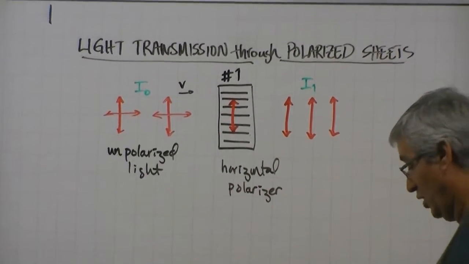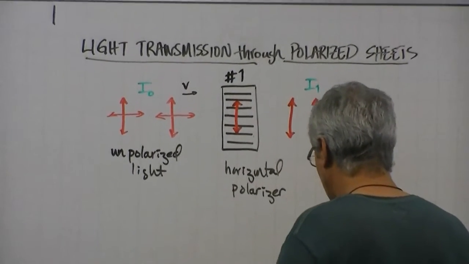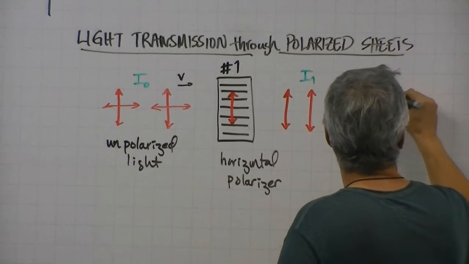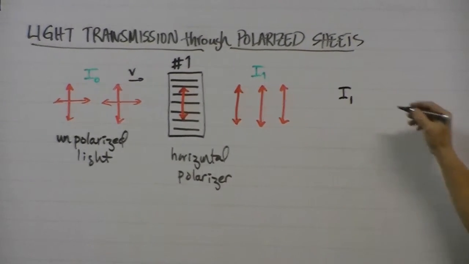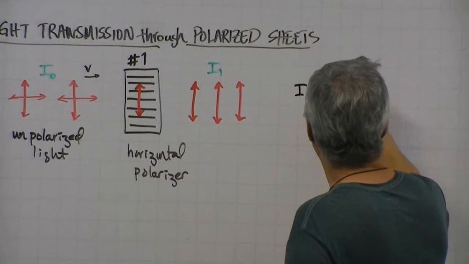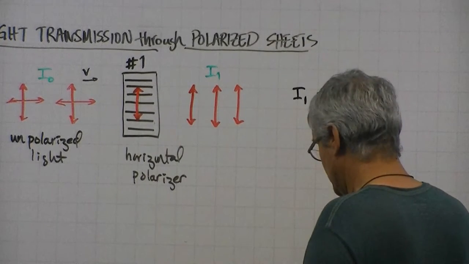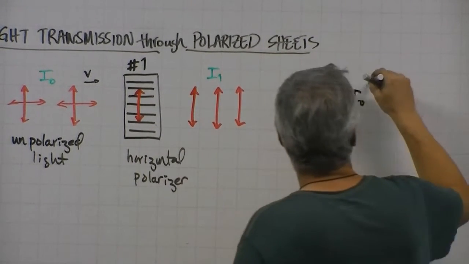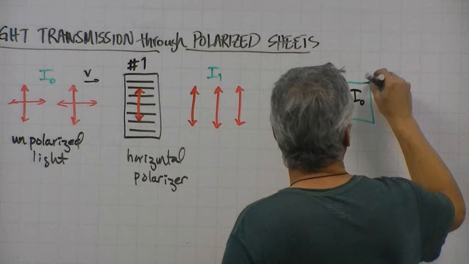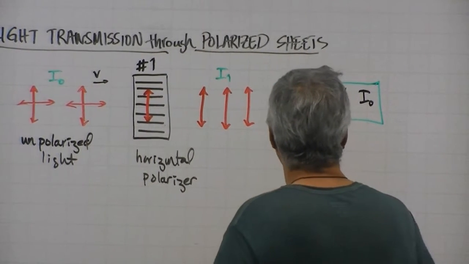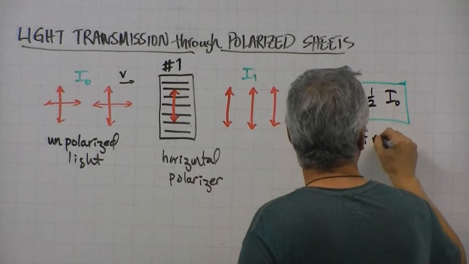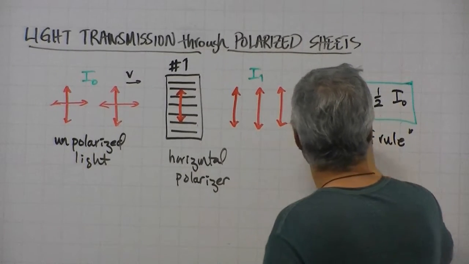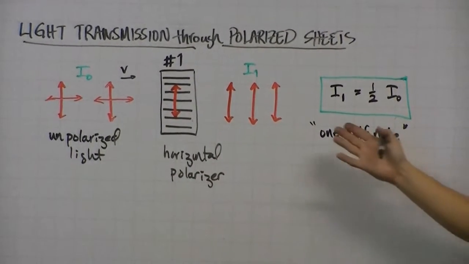So therefore, what we should be writing here is that the intensity after the polarizer should then be half of the initial one. And this guy here is what we call the 1/2 rule, because it took out half the light.